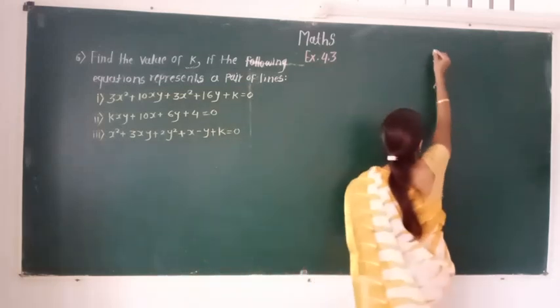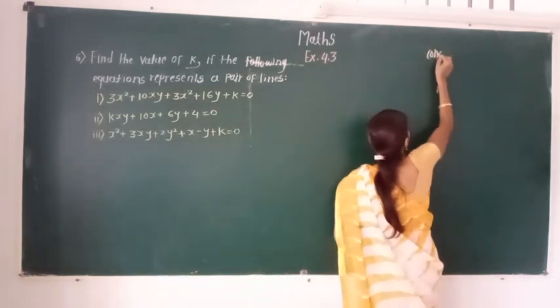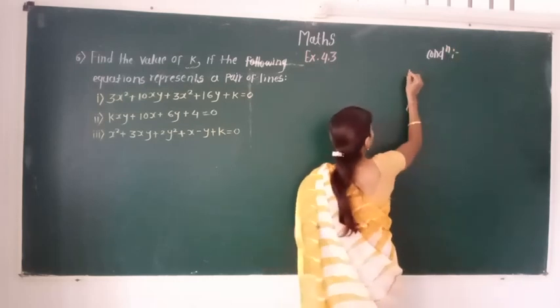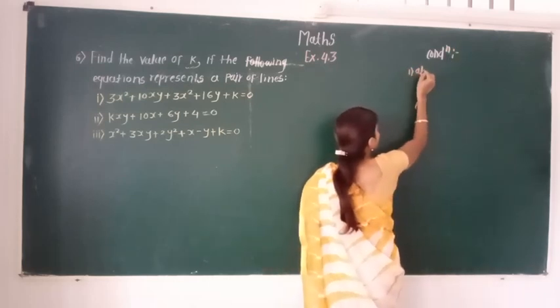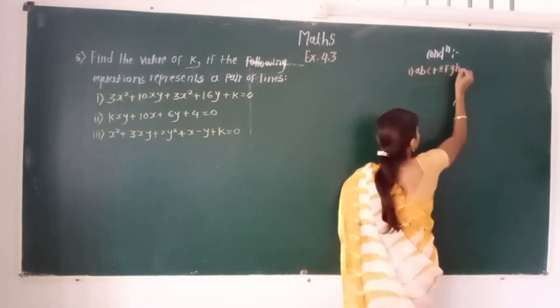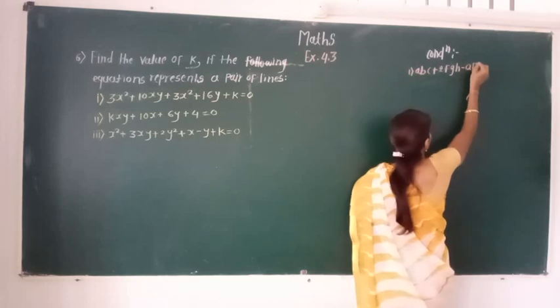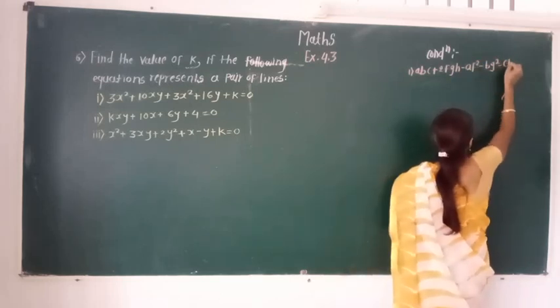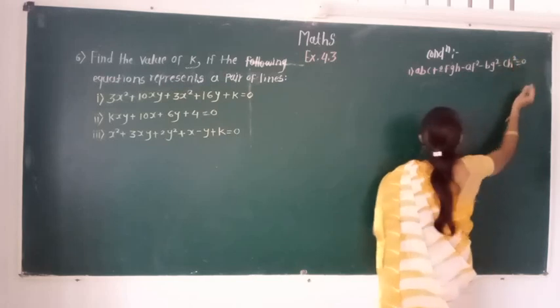And we know that the conditions, first condition is ABC plus 2FGH minus AF square minus BG square minus CH square is equal to 0.